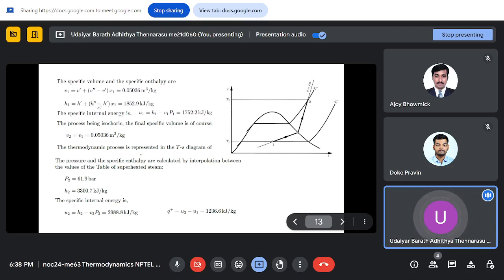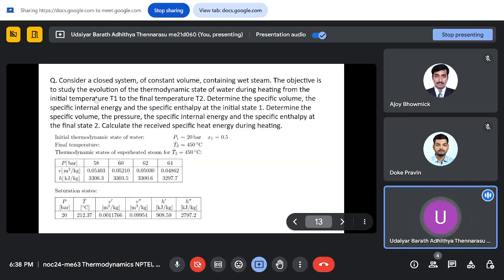So H, the saturated vapor minus saturated liquid enthalpy is your latent heat corresponding to that pressure and temperature, into X, where X is your quality. So this will give me the enthalpy at state 1. It will come out to be 1852.9 kilojoule per kg. The enthalpy is also given for saturated vapor and saturated liquid corresponding to 20 bar.